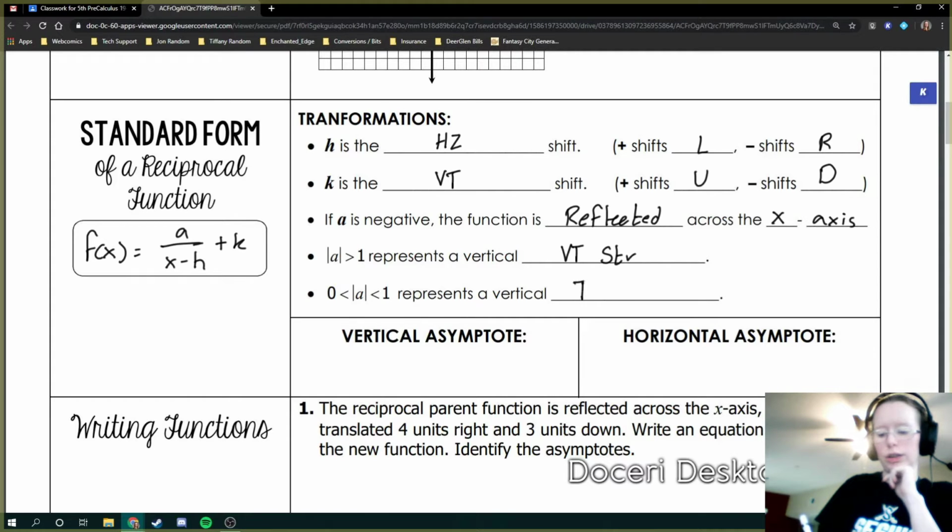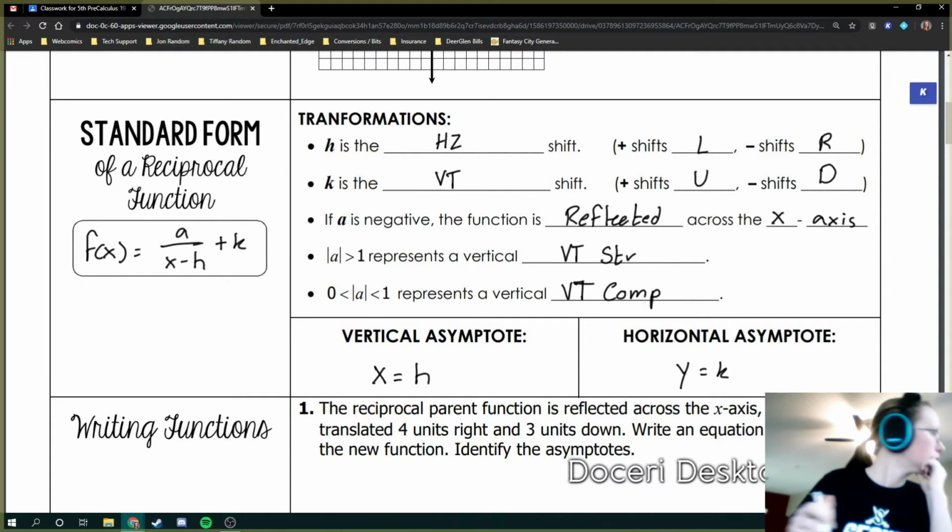And otherwise, it is a vertical compression. In general, your vertical asymptotes are going to be at x equals h, and horizontals at y equals k.